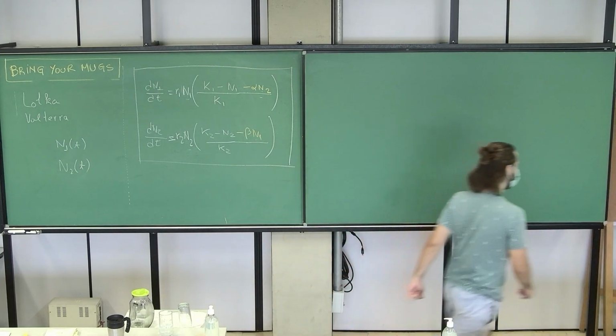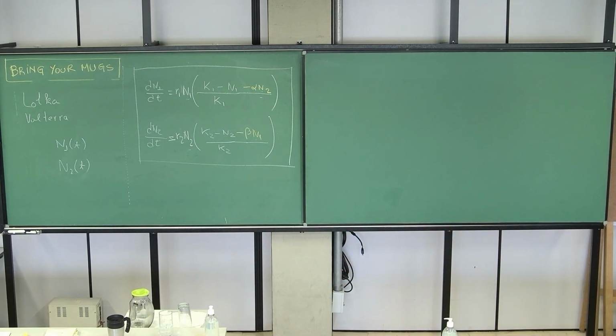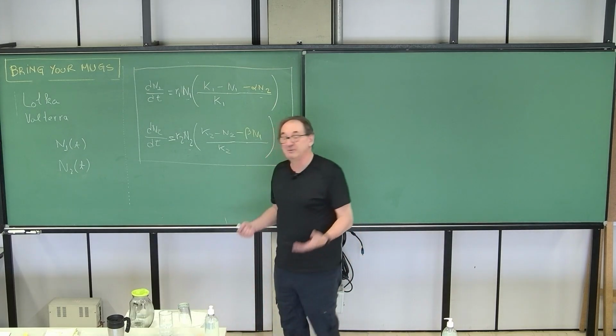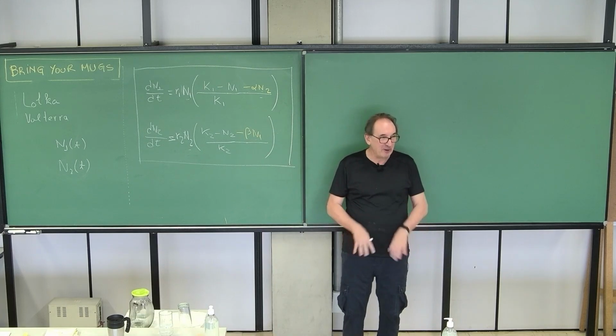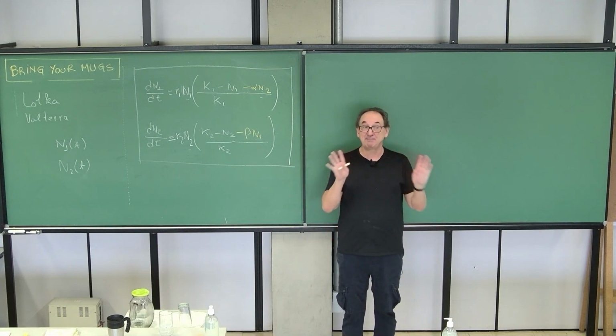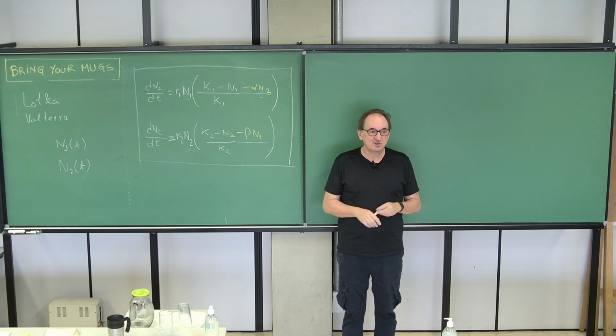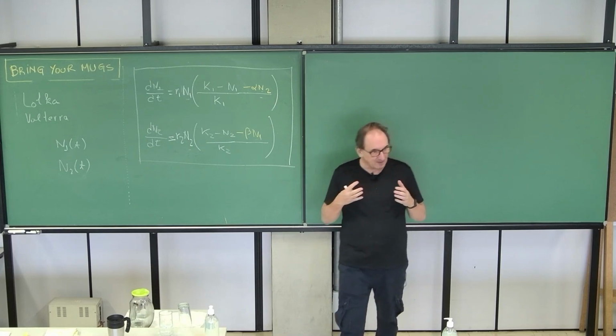Yeah. So this is a point here which is difficult with these models, because they are phenomenological. So we cannot expect to get much out of it in a strict way, in the same sense that we discussed the logistic equation.